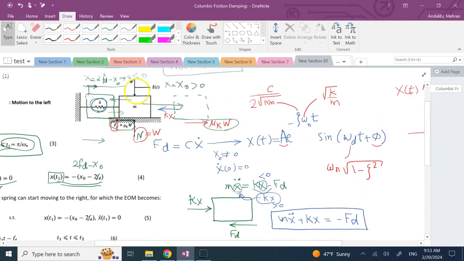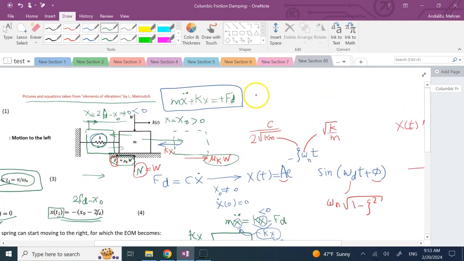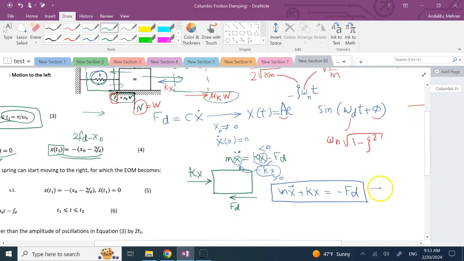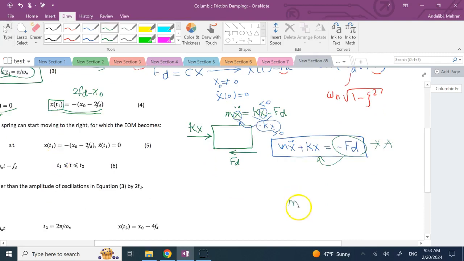And if you want to combine these two equations, this one and this one, the best way to combine it is what? Here, if you bring this guy here, it becomes mx double dot plus kx and then plus minus ft equals 0. Now, which case is plus, which case is minus?